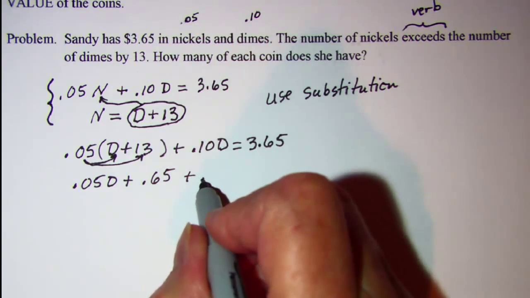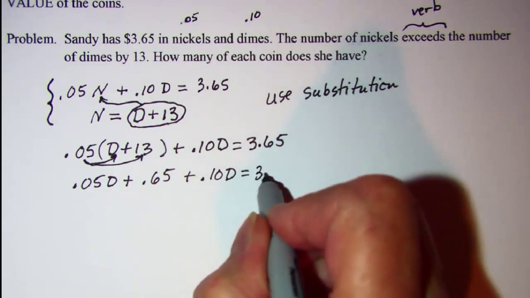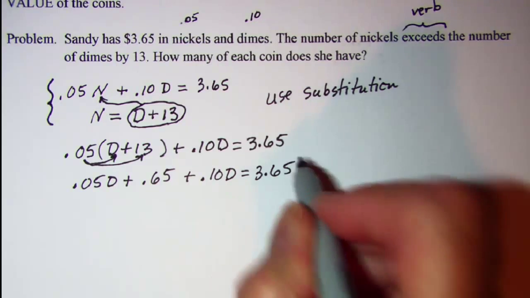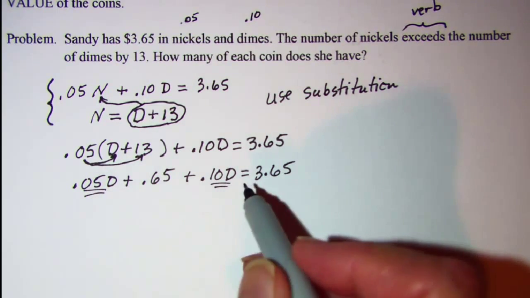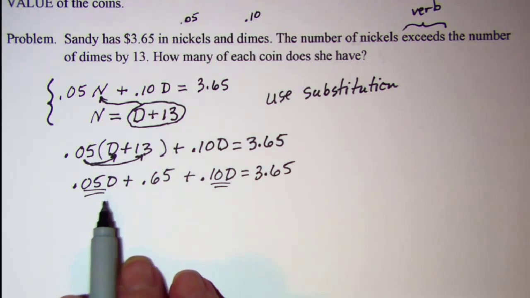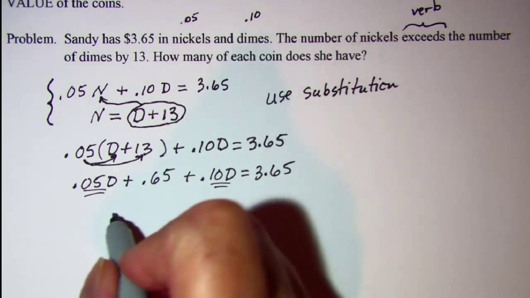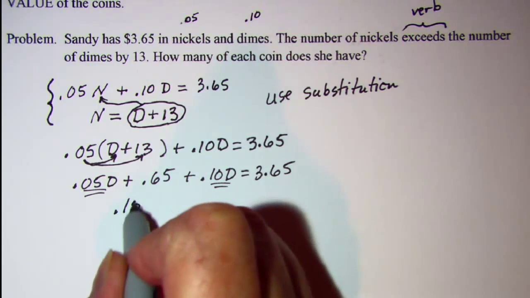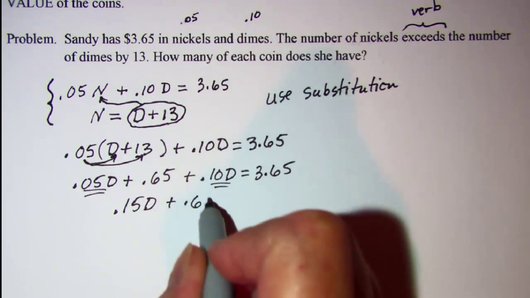And I'll just copy the rest of this. Combine like terms. 0.05d plus 0.10d is 0.15d. Copy the rest.